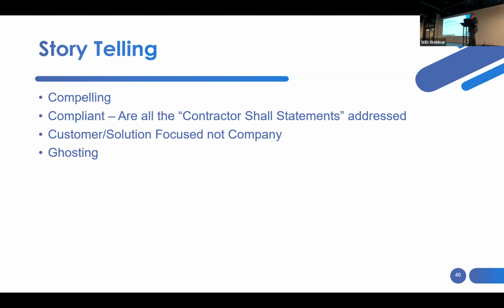I've worked with a lot of companies where, as you go through the proposal, one of the things I do is a search and replace: I put in the company name and take that tally, then I do it again with the customer. If they're naming the company more than they're naming the customer, you kind of need to rework it, right? You need to make it customer focused, not focused on the company. If that makes sense.